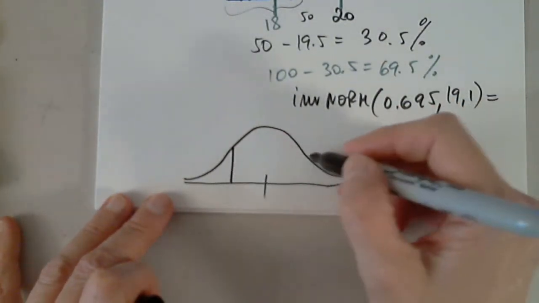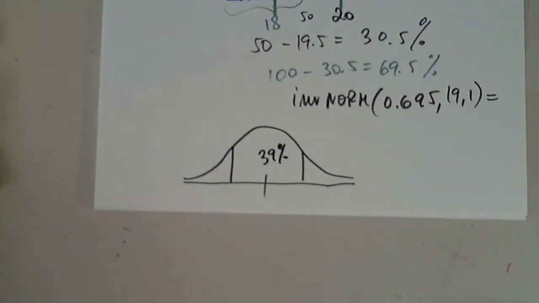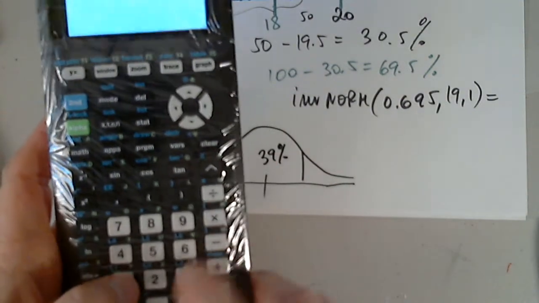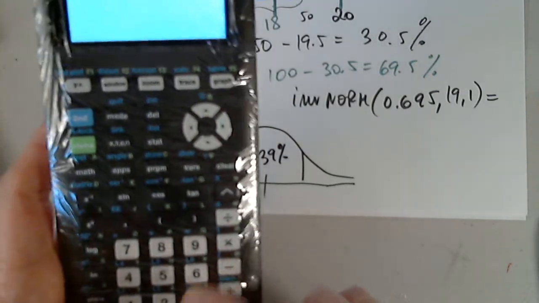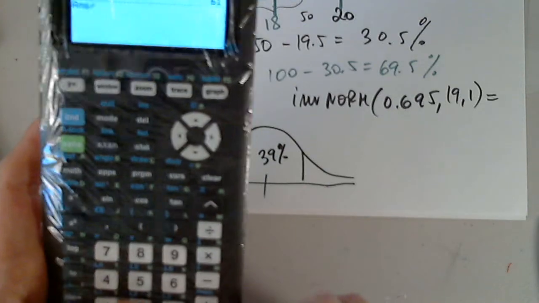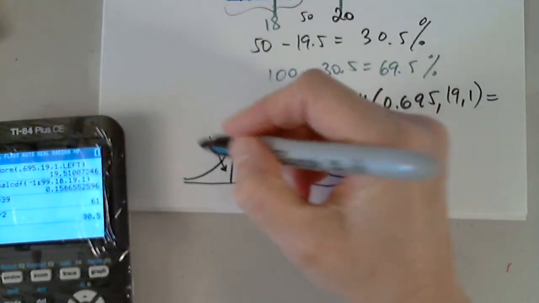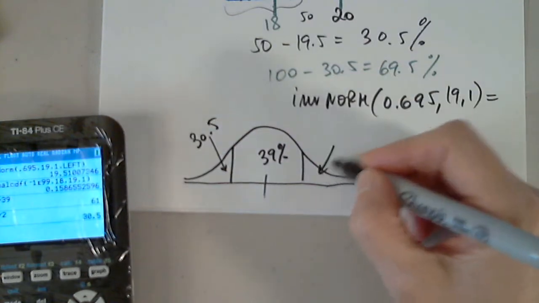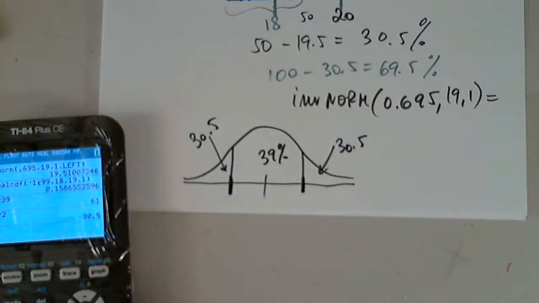So we want to find the middle 39%. So 100 minus 39%, and I divide that by 2. So the areas in here are indeed, that's no mistake, 30.5 and 30.5. And now I want to determine these two numbers.